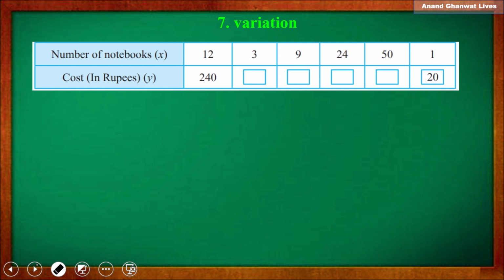The cost of 12 notebooks is given as rupees 240, and the cost of one notebook is 20. Can you find the other values? The cost of 3 notebooks is rupees 60. And the cost of 9 notebooks is 9 into 20, that is 180.